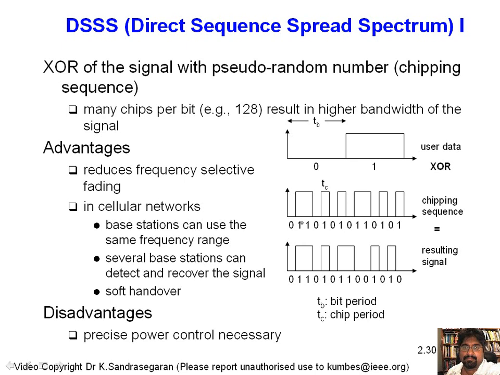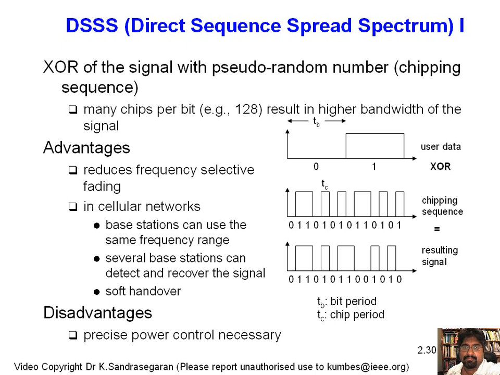In this case the chipping sequence is 7 bits, but you can have much larger chipping sequences. You can have 128. Most of the time it's powers of 2, so it can be 128, 256, 64 bits and so forth. Obviously the larger the chipping sequence, the higher the bandwidth of the resulting signal that you obtain.